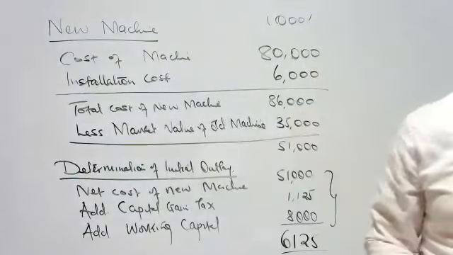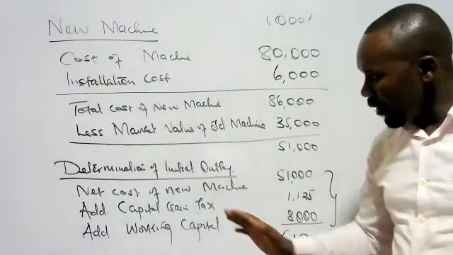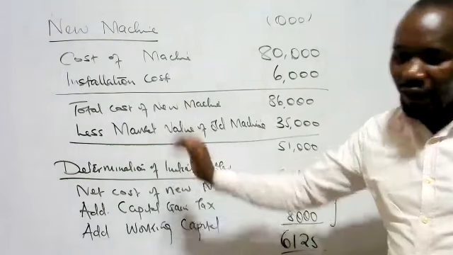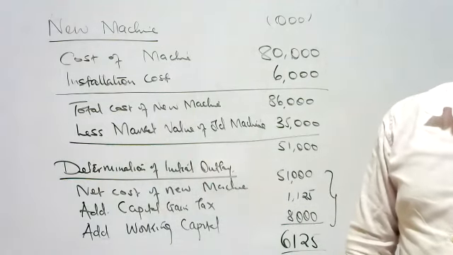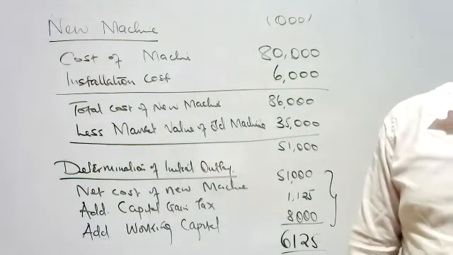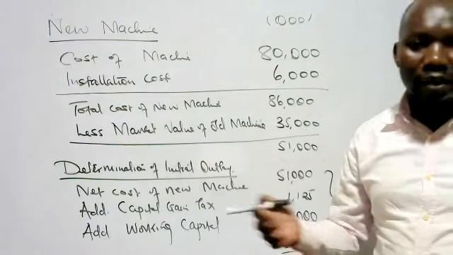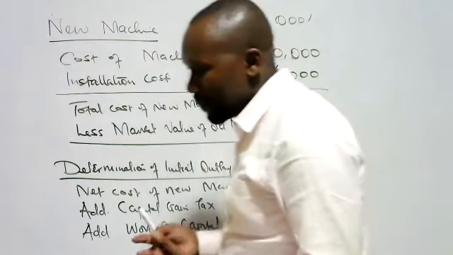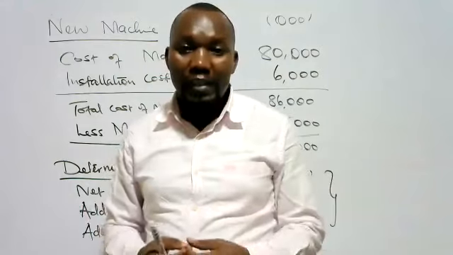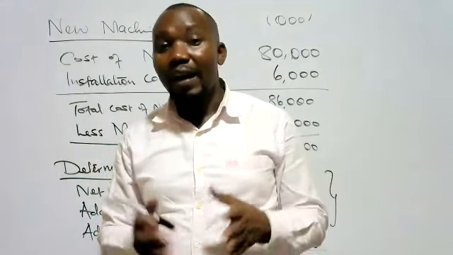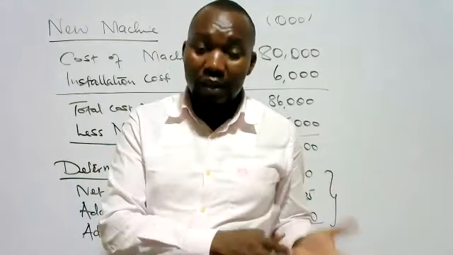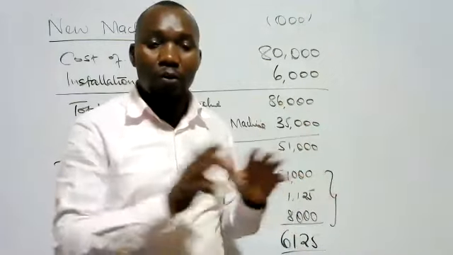Okay, so hiyo tumemaliza. So uko na IO, what we call IO in the new machine. The next thing now is to calculate, because we want to tell the management whether to replace or not. And the only way we can tell them is when we are able to calculate our NPV and know whether the new machine will give us a loss or profit.